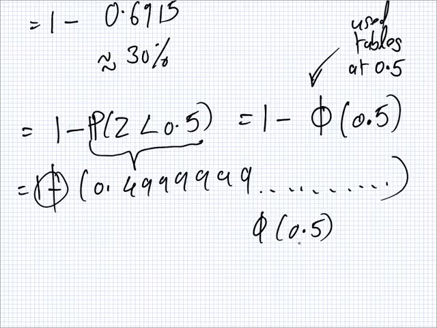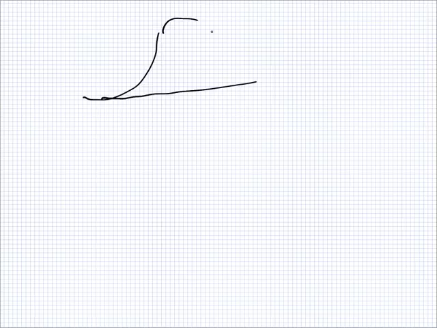Okay, let's move on to one that's a little bit more difficult. So I want you to try and figure out a way to get me this probability, this percentage. This is 0, of course, and this is our N(0,1).